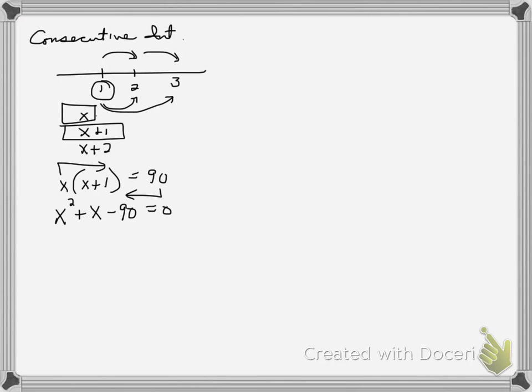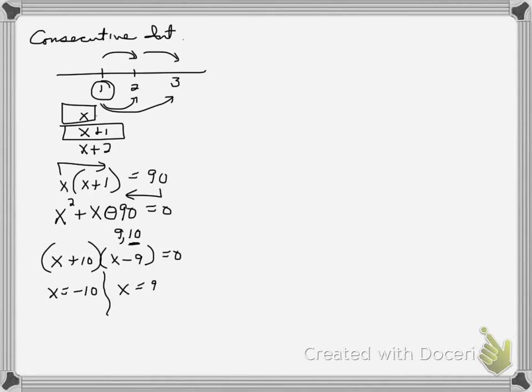Let's see. 9 and 10 would have a difference of negative 1 if I put the larger one as positive. So I'm going to have x plus 10, x minus 9. Solving, I would get x equals negative 10 and x equals 9.